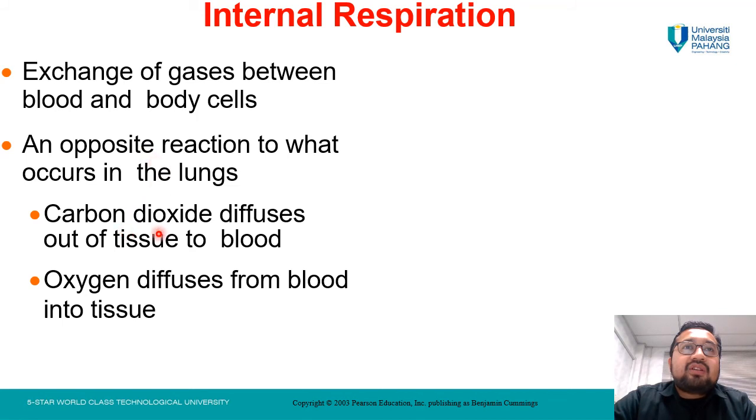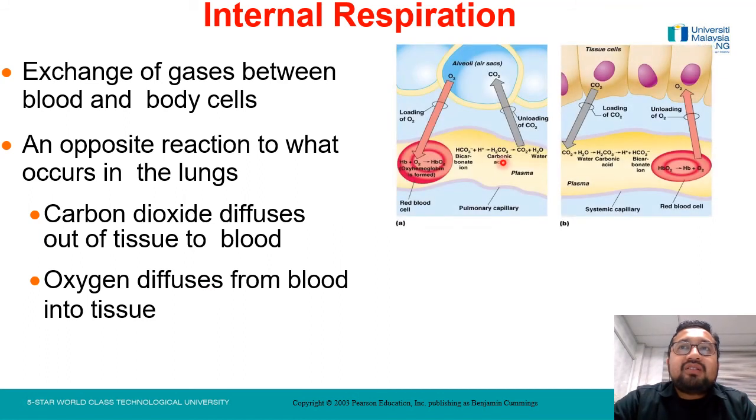Carbon dioxide diffuses out of tissue to blood, oxygen diffuses from blood into tissue. So this is actually occurring in the external respiration, and this is internal respiration. In external respiration, gases exchange opposite lah dengan internal respiration.